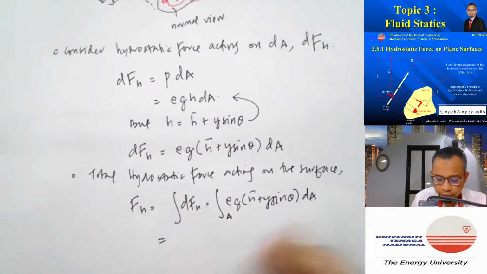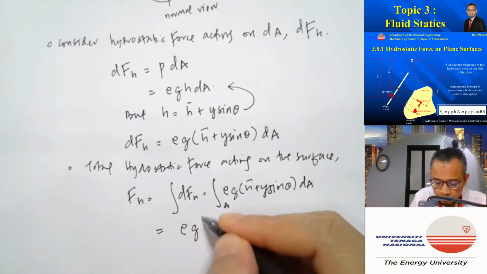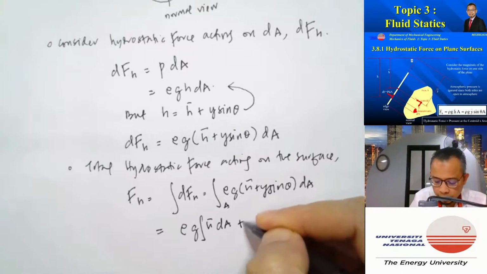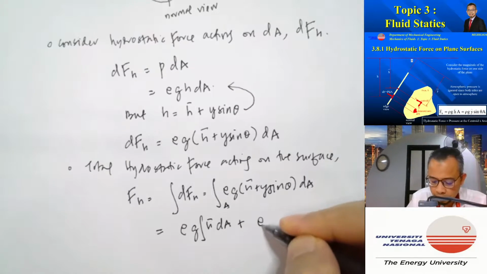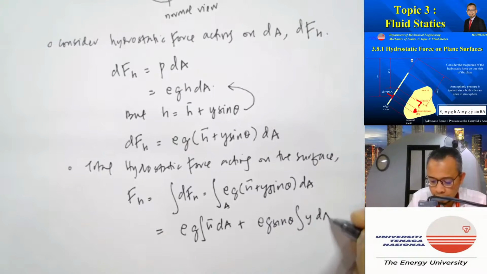So if we expand this, we have rho g, which is just a constant, h bar dA plus rho g sine theta y dA.